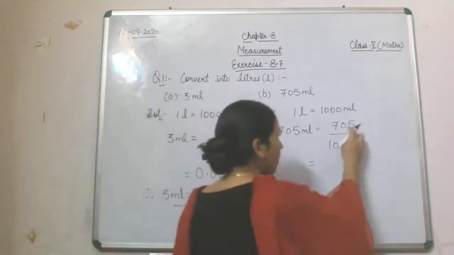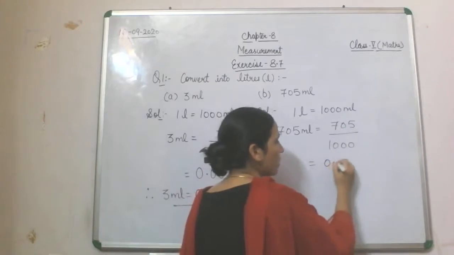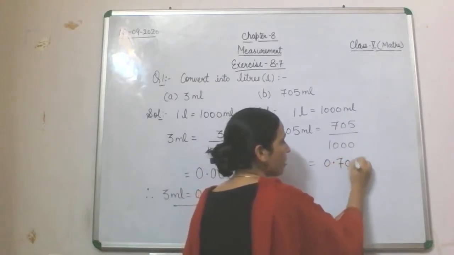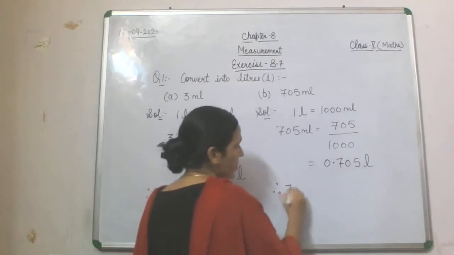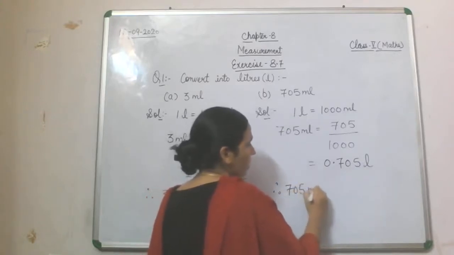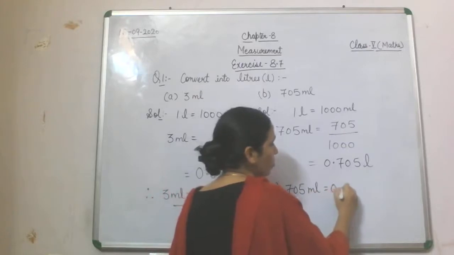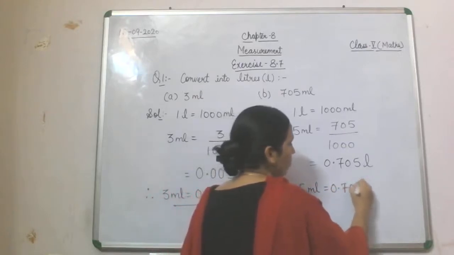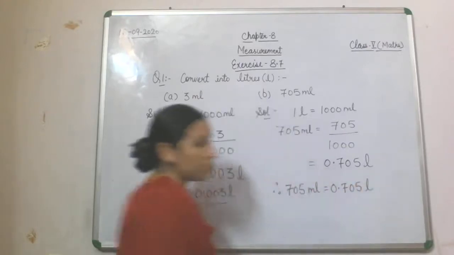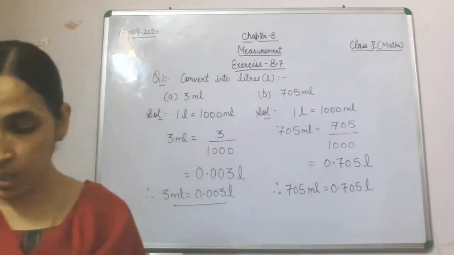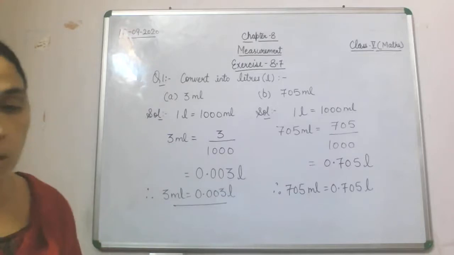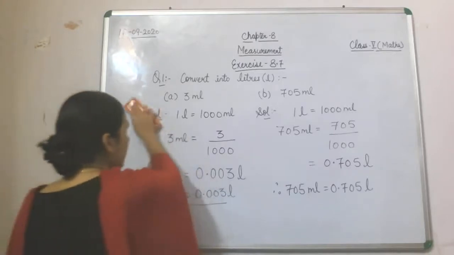We'll count from the back 1, 2, 3 and we'll write 0.705 liter. Therefore 705 ml is equal to 0.705 liters.